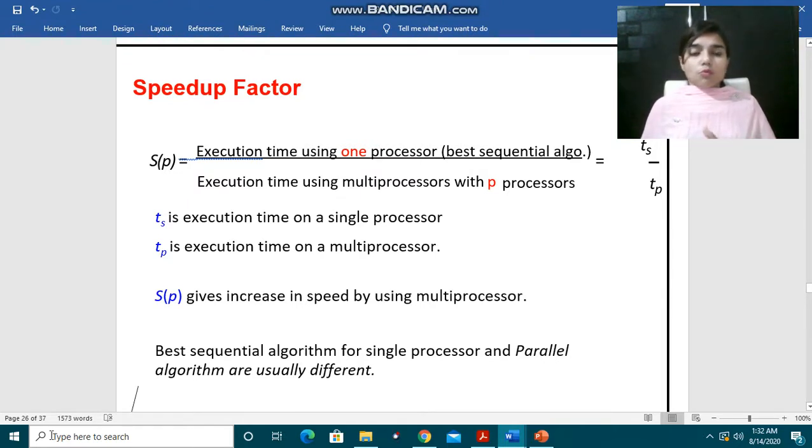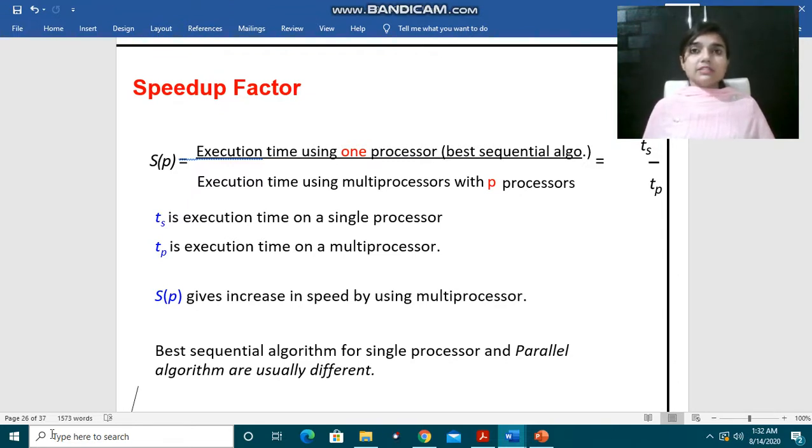Speed up is a ratio, denoted by S of P. It is the ratio between the execution time using one processor, or the time needed by the best sequential algorithm, and the time needed when the same problem is executed with P processors. This is known as the speed up factor.